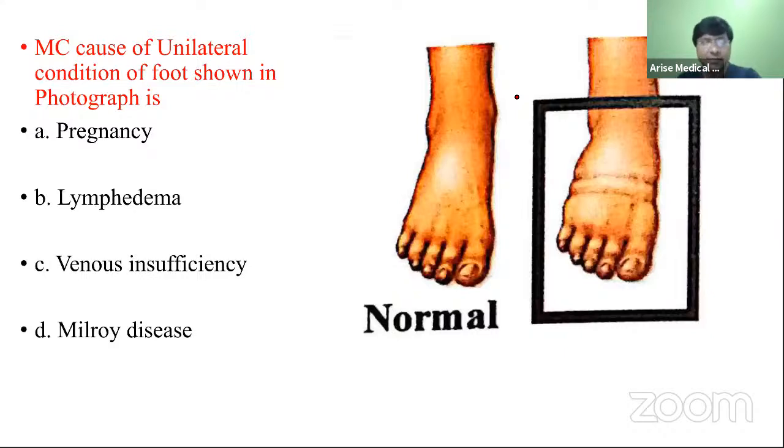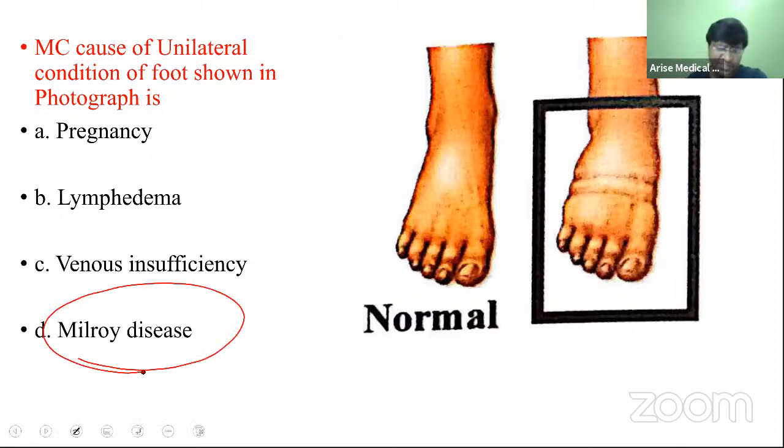And in lymphedema, another name of which is Milroy disease, you have bilateral edema rather than unilateral. But yes, you can also have unilateral, but bilateral is also seen. But venous insufficiency is the most common cause for unilateral edema.